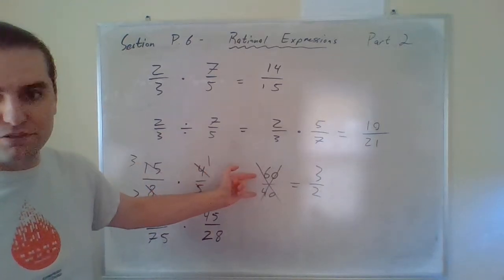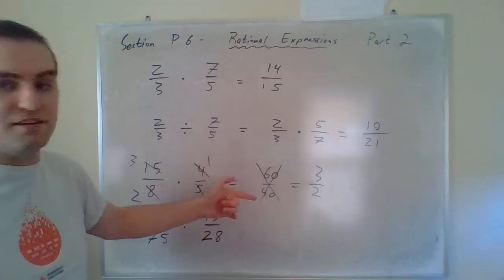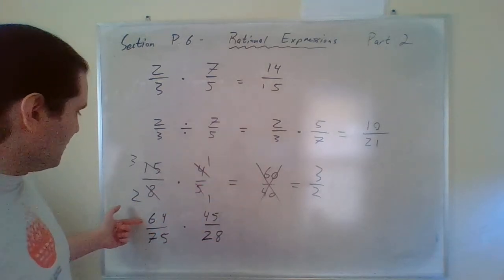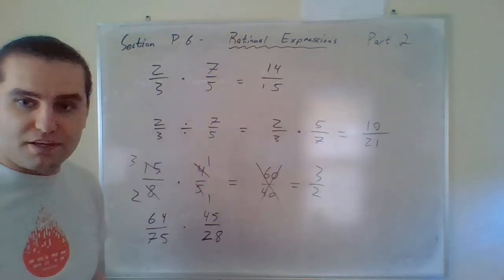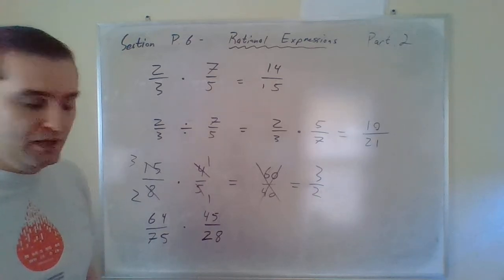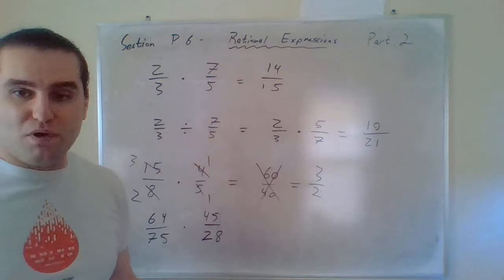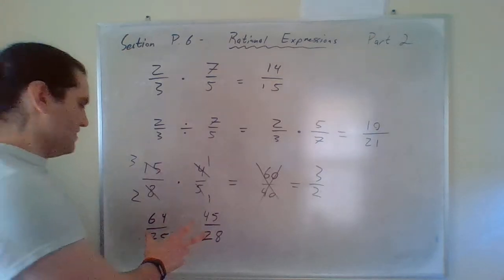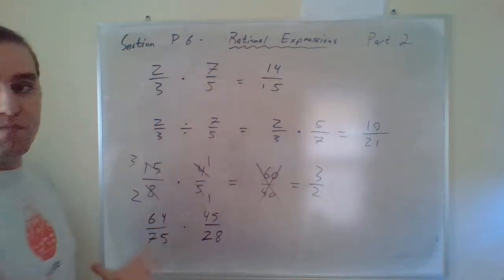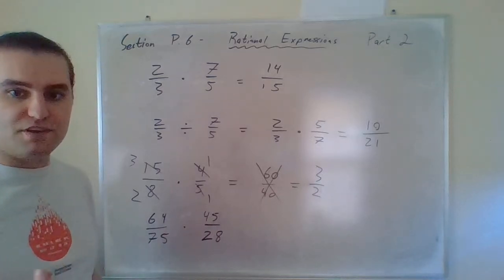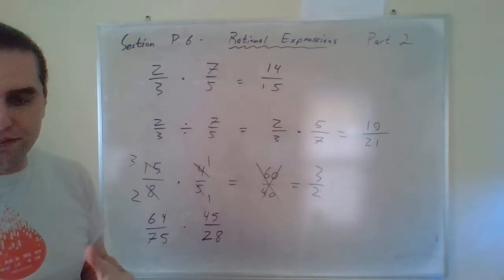These are not difficult calculations. You can do that and get the 60 and the 40. With this one, I don't know what 64 times 45 is, and I don't want to find out. I also don't know what happens when you multiply 75 and 28, and I don't want to find out. This example, I think, is the most representative of what it's like to multiply these rational functions together.